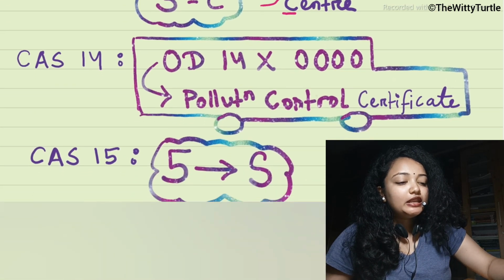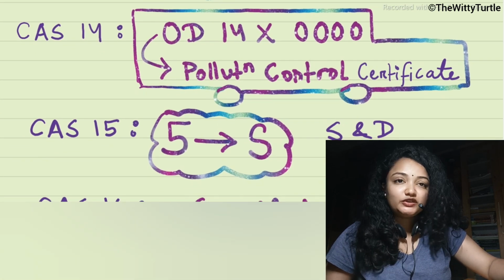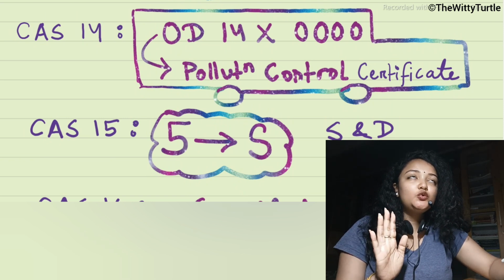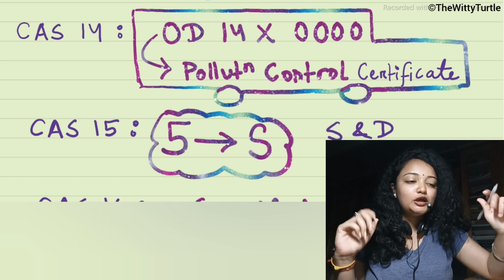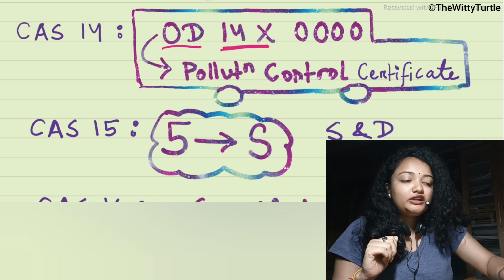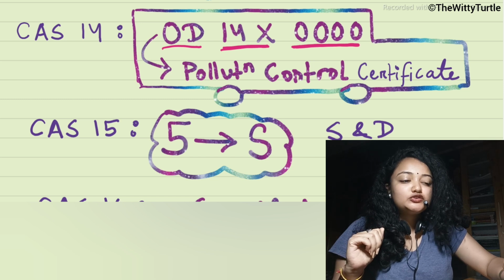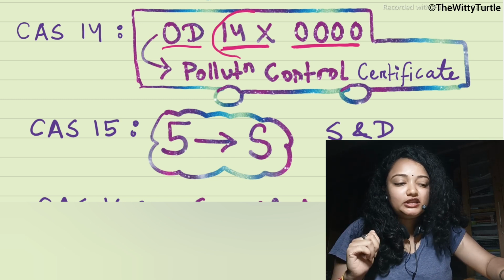Now coming to CAS 14, this is very, very interesting. I'm not going to reveal the entire number plate of my vehicle, but it is OD14X, and then there are 4 digits, right? So where I stay, the number is 14X. What do you have to remember? 14X.